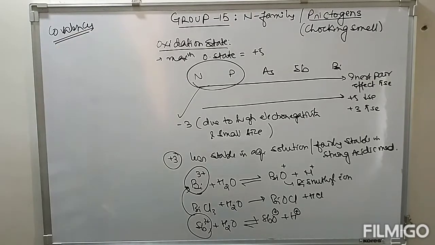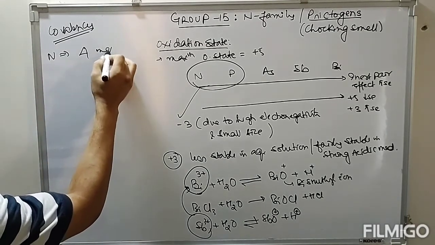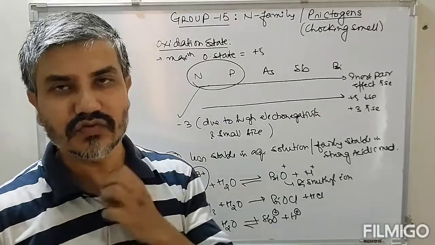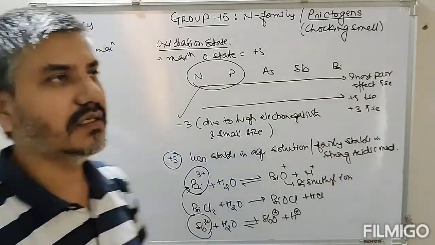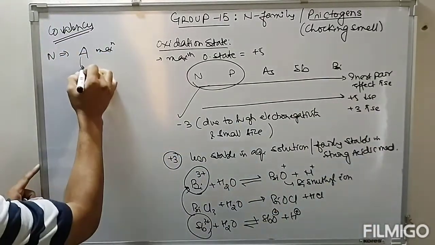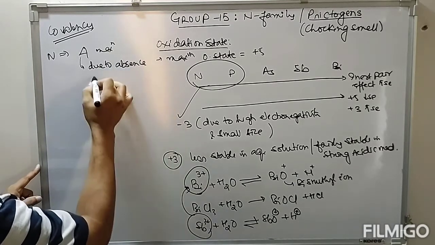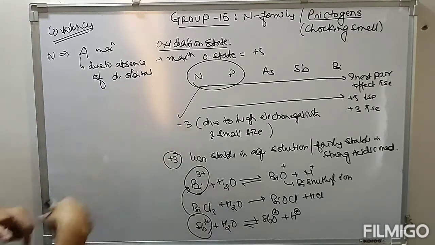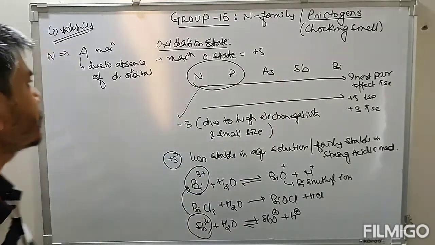Now coming to the covalency of these elements. Nitrogen shows a maximum covalency of 4. That means nitrogen, due to the absence of d orbitals, cannot expand its valency beyond 4.